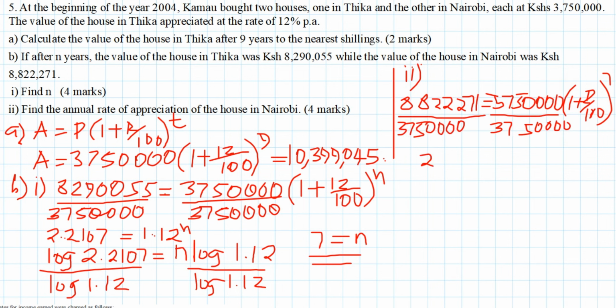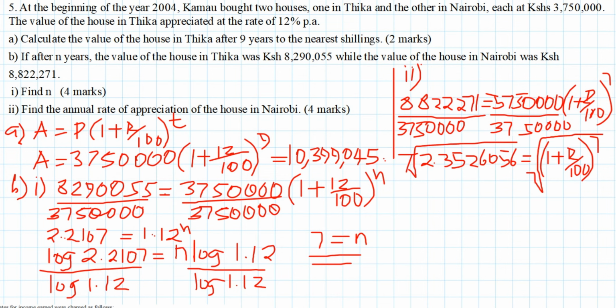So we do that. When we do that, on the left we get 2.3526056, and this is going to be equivalent to 1 plus R all over 100 raised to power 7. And so at this particular point, for us to get the value of R, we find the 7th root on both sides.